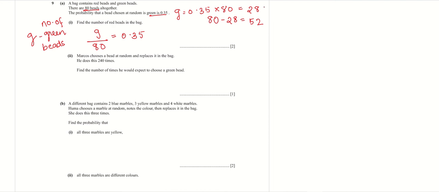That means this is the number of green beads, because we found G. So we subtracted from the total number of beads, that is 80, the number of green beads, and we found the leftover beads, that is the number of red beads. So that will be 52.